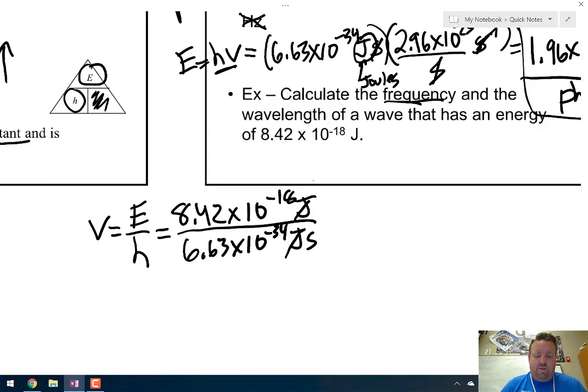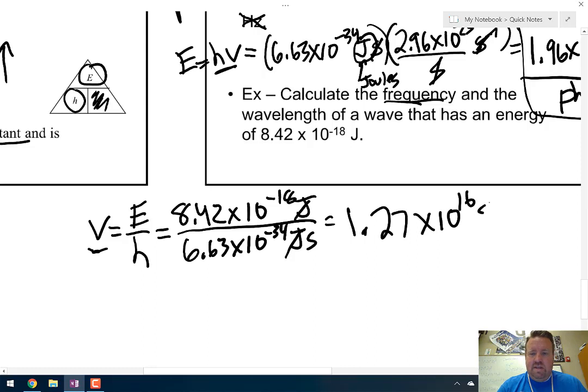So 8.42 times 10 to the negative 18th divided by 6.63 times 10 to the negative 34th gives me a, and again, frequency is usually a big number because remember, it's the number of waves that pass by every second. Well, again, that's always a lot when things are traveling at the speed of light. So 1.27 times 10 to the 16th seconds to the minus 1. And that gives us our frequency.